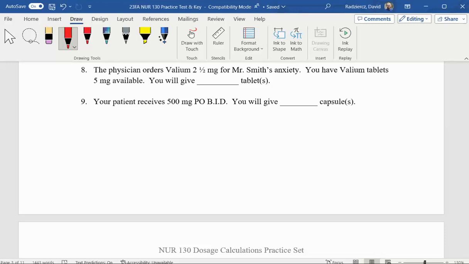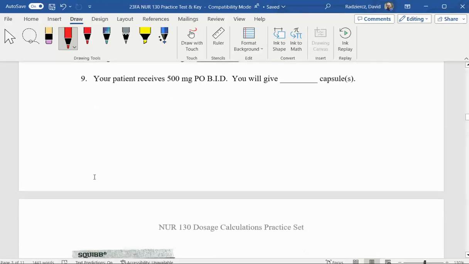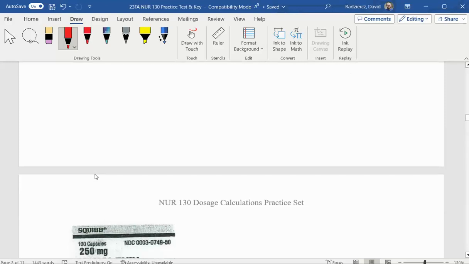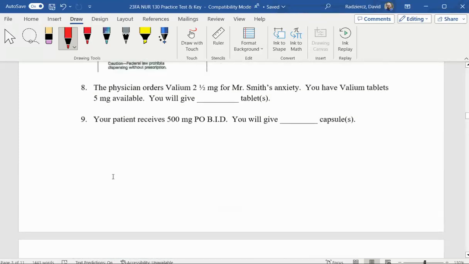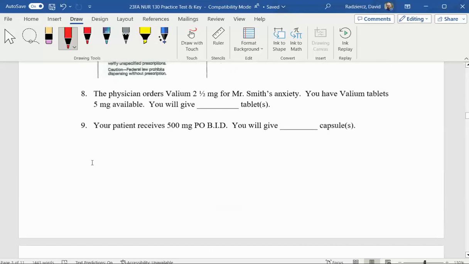So that's 2 a day. I mean, 2 per serving and 4 a day. You got it. And this would be the same thing. It doesn't say per day or per dose. It just says you will give how many tablets.